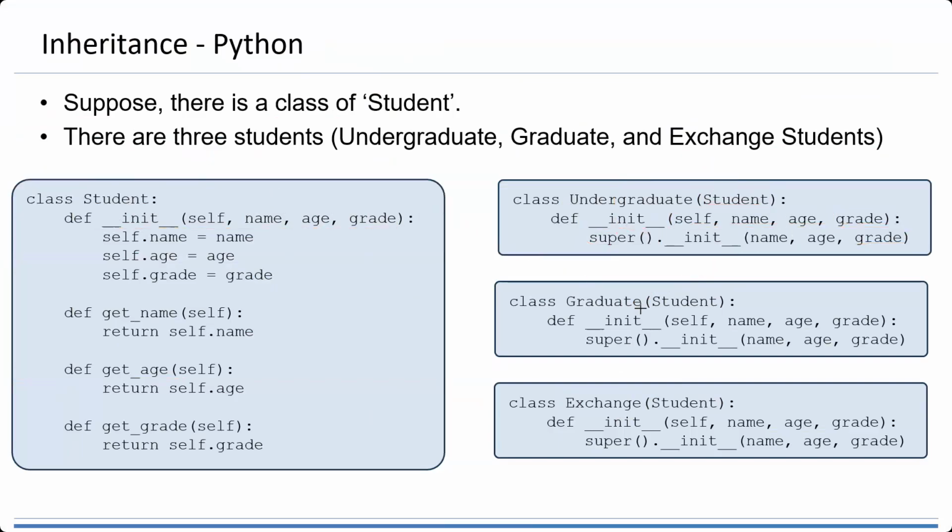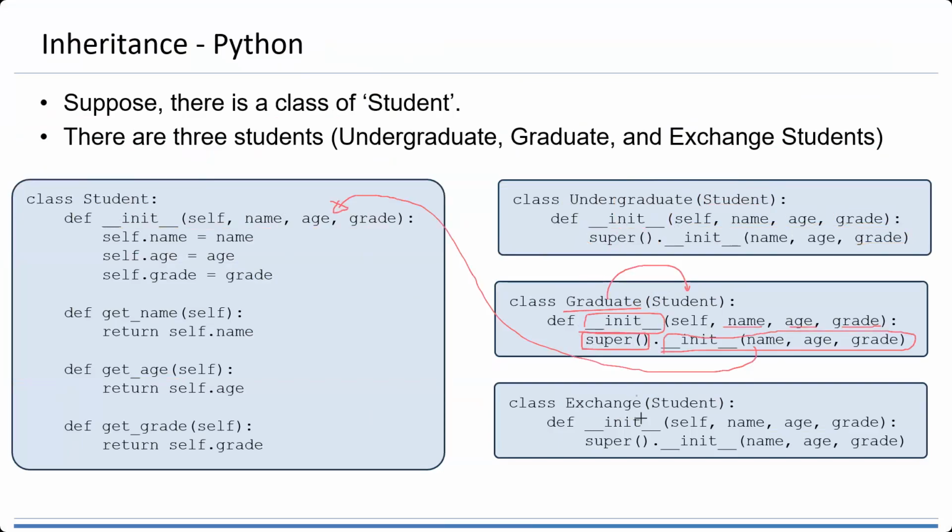The graduate student inherits from student, and for the constructor, we have name, age, and grade. And again, we construct an object, and the constructor follows the super. The superclass is the student.